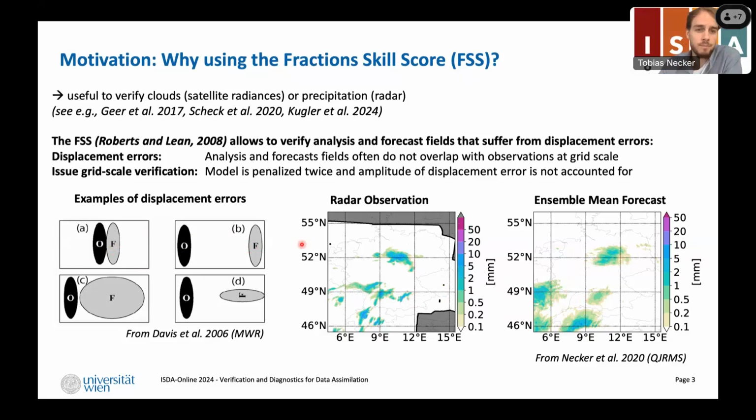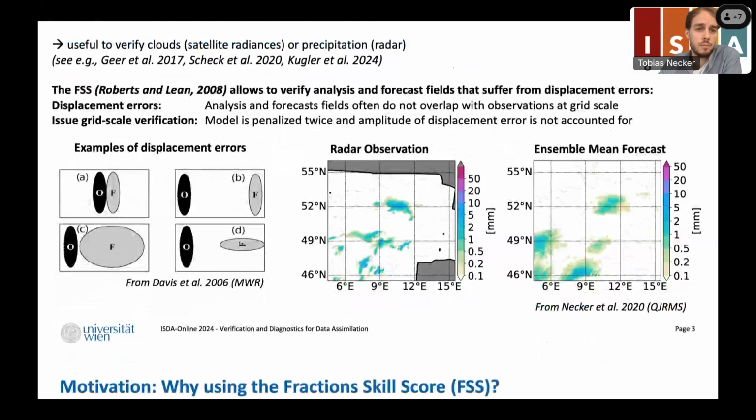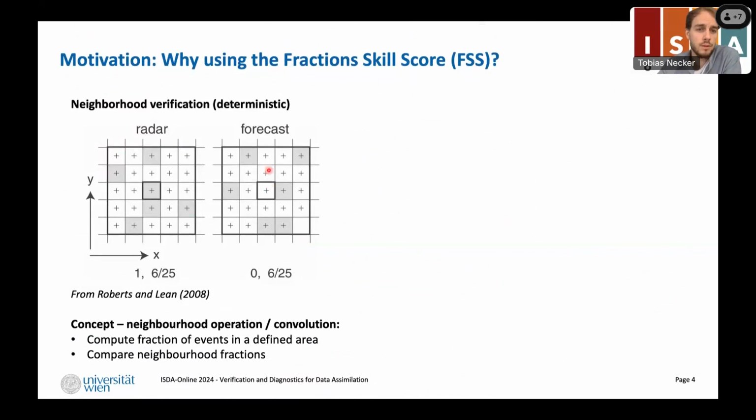So how does the FSS actually mitigate those displacement errors? I wanted to show this nice diagram from the original paper on the FSS by Roberts and Lean from 2008. With the central grid point, you can actually see again this problem that in the radar, the precipitation was visible, but not in the forecast.